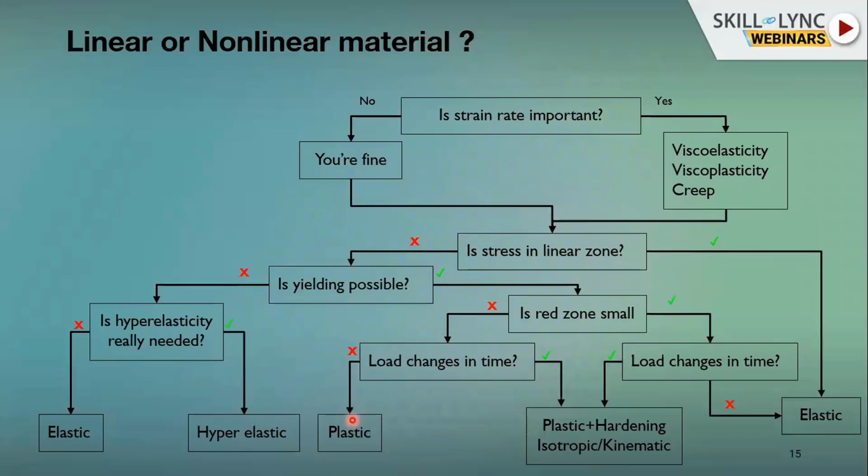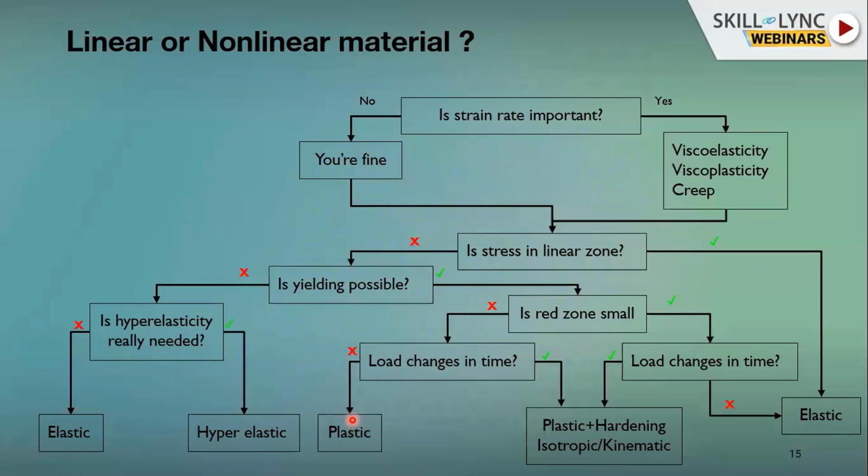If strain rate is important, then you need to check what kind of material it is, and whether there is any creep or temperature effects coming into the picture. So you need to include creep. It can be viscoelastic or viscoplastic material. If the strain rate is not important, you're absolutely fine.